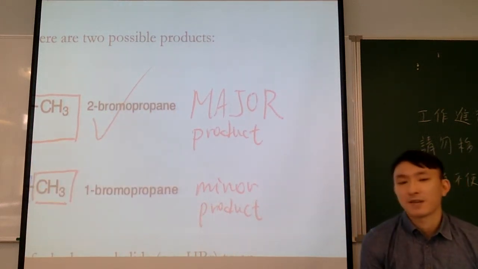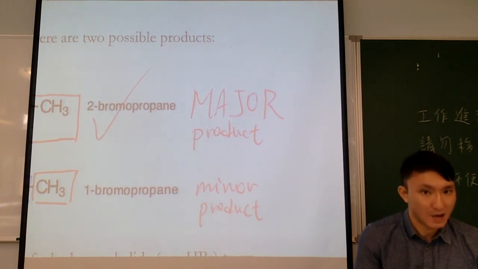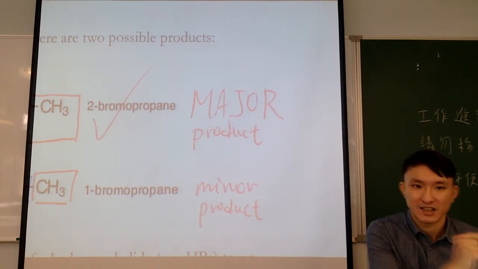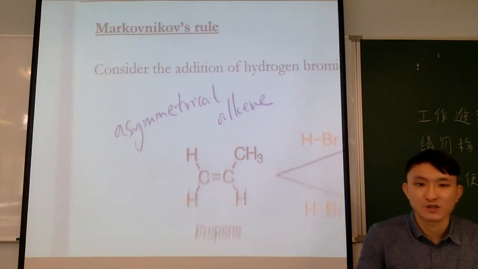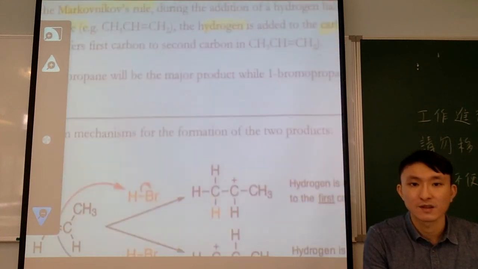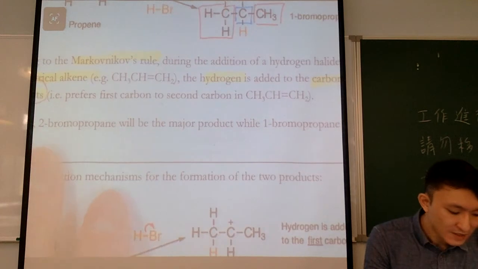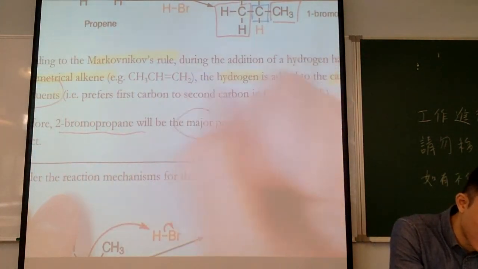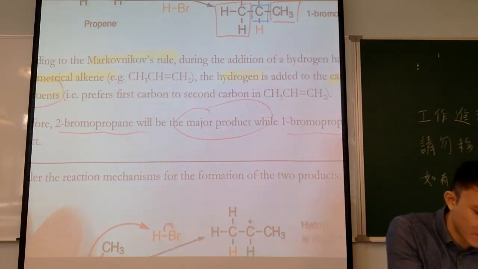So you see, there is a preference based on the structure of the alkene as to where the hydrogen will be connected. Therefore, let me make it bigger. So we said that 2-bromopropane would be the major product, whereas 1-bromopropane will be the minor product.